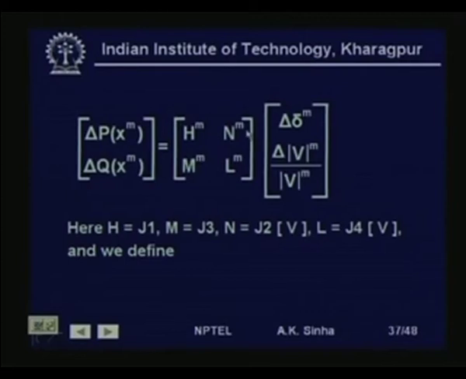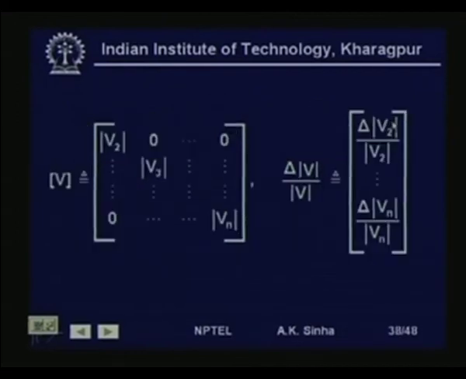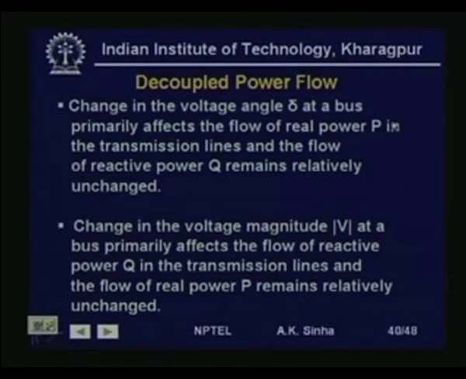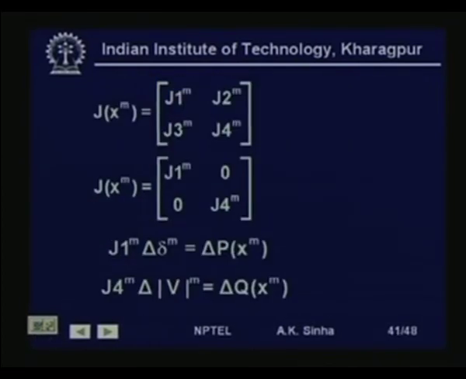If we check the elements of these matrices, we will find the elements of N and M are very small compared to the elements of H and L, and therefore, we can think of decoupling the equations by neglecting those two terms, that is, by assuming del p by del v terms to be 0 and del q by del delta terms to be 0. So, as shown here, these two submatrices are assumed to be 0.